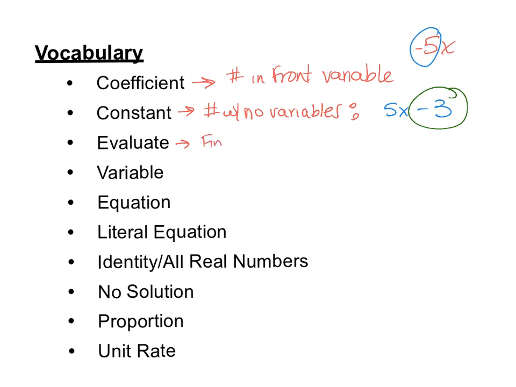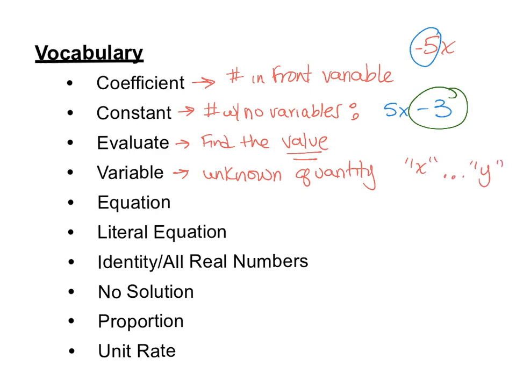Evaluate means find the value of. A variable is the unknown quantity represented by a letter, the x or the y, and so on. An equation is an expression with an equal sign. 5 plus x minus 3 equals 7 is an equation because it has the equal sign.